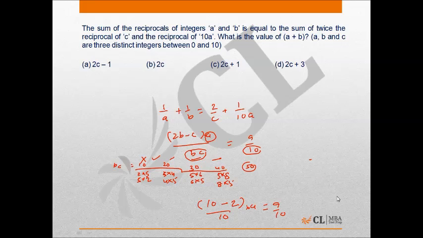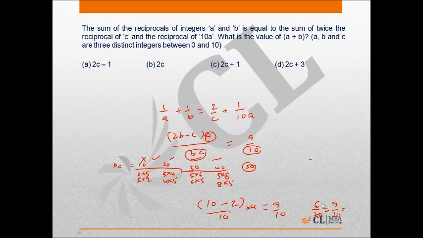Let's check for 20. In the first case, assume b is 5 and c is 4, so 10 minus 4 is 6 upon 20a equals 9 by 10.